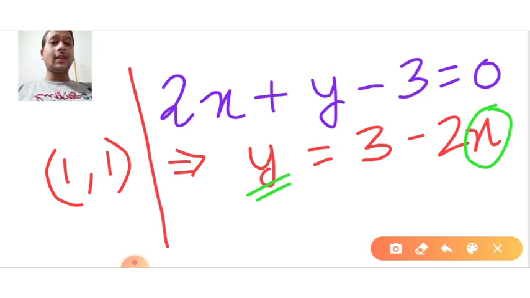So this thing you have to remember, that a linear equation has infinite number of solutions. It is mentioned in your book.